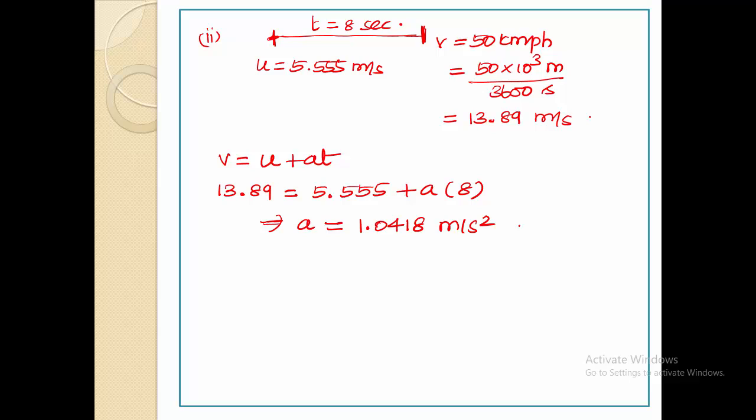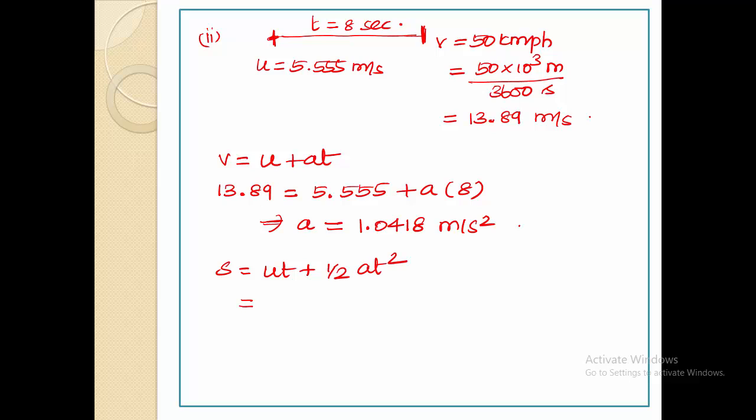To increase the speed from 5.555 meter per second to 13.89 meter per second in 8 seconds by accelerating with 1.0418 meter per second square, how much distance can be traveled by the motor? We can calculate that with the equation s equals ut plus half at square.